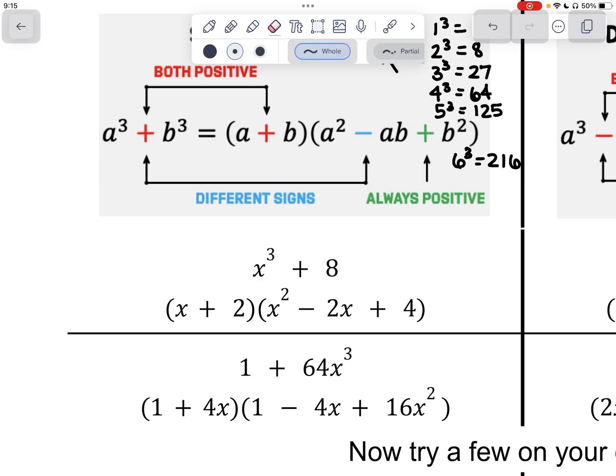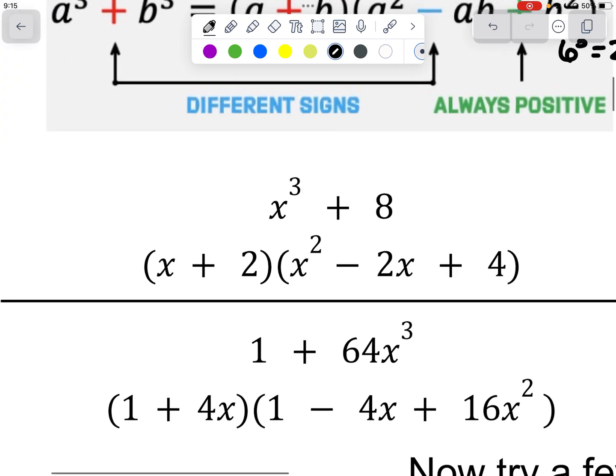When you recognize that it's the sum of two cubes, the first factor is the cube root of the first number. The cube root of x cubed is just x, and the cube root of the second number. You keep your sign. So if it's the sum of two cubes, you take the cube root of the first term, the cube root of the second term, and keep your addition sign.